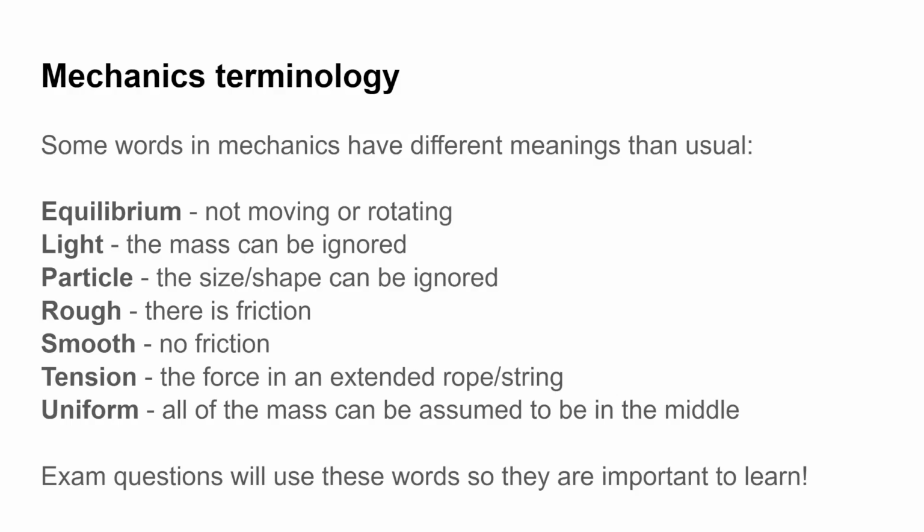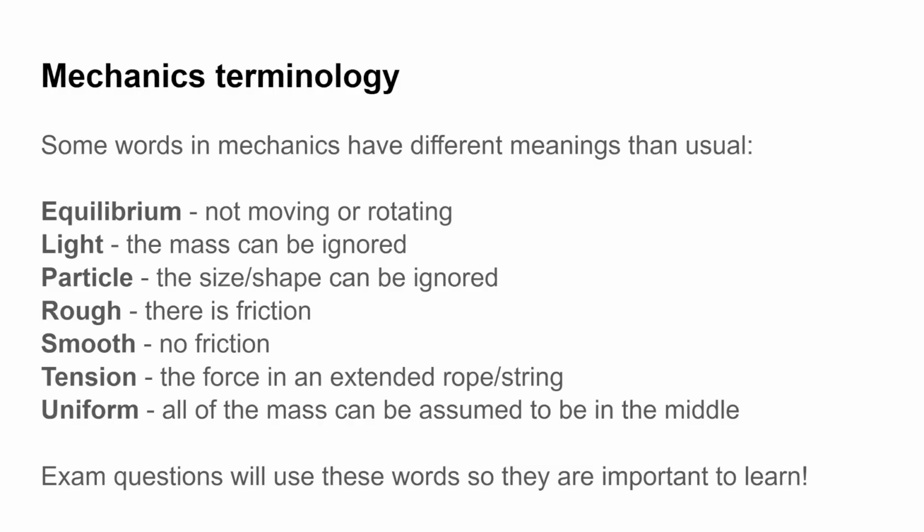Alright, so to start with, some mechanics terminology. In general, mechanics words tend to be the extreme versions of regular words. Light doesn't just mean lightweight, it means there's literally no mass. Equilibrium means not moving or rotating. A particle means the size or shape of the object can be ignored.